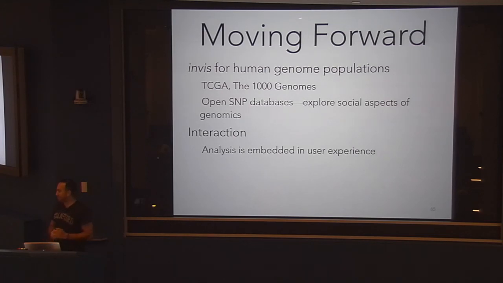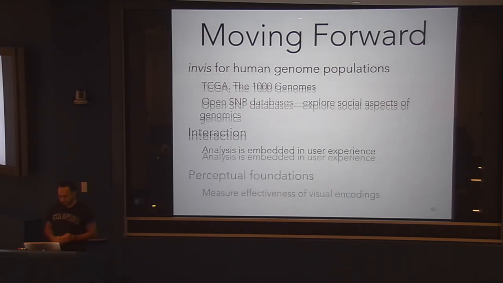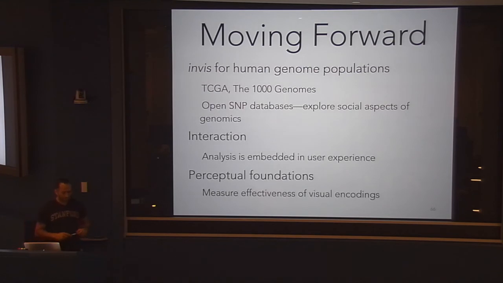Interaction design is very important also. The other thing is that we, as a group, are very interested in perceptual foundations of data visualization. In the end, data visualizations leverage human perception to facilitate cognition and support data analysis. That's the whole point. But we don't know that's happening.